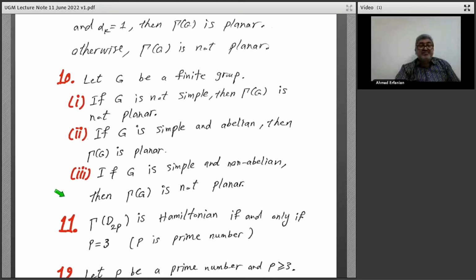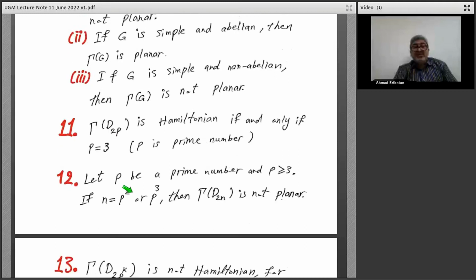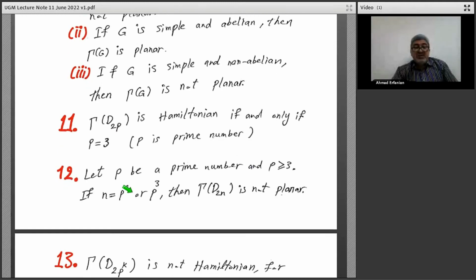And also, if G is a finite group that is not simple, meaning it has normal subgroups other than the trivial one and the whole group, then the graph is not planar. If G is simple and abelian, the graph is planar. If G is simple and non-abelian, the graph is not planar.